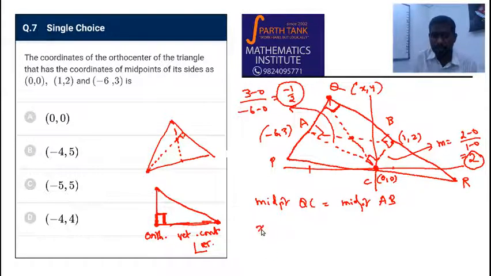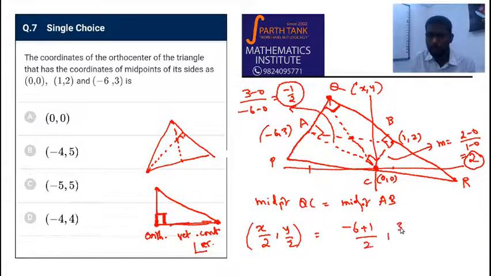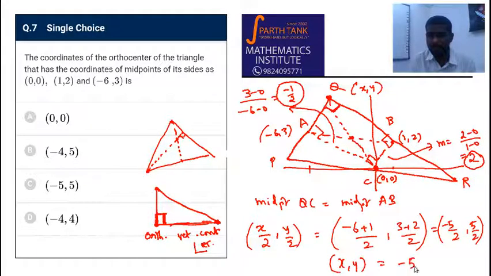So QC's midpoint is x by 2 comma y by 2, which is equal to AB's midpoint, minus 6 plus 1 by 2, 3 plus 2 by 2, which is minus 5 by 2 and 5 by 2. Therefore x comma y is minus 5 comma 5. So this is the coordinate of Q, and therefore minus 5 comma 5 is the orthocenter.